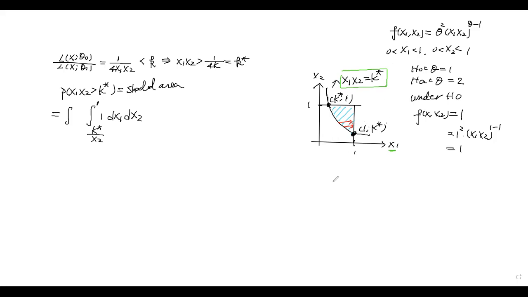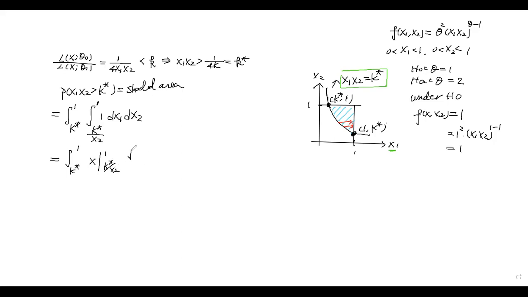Now, after I finish with x1, I'm going to integrate over x2, which starts from k star and goes up to 1. Now this just becomes a simple calculus problem. So the integral of dx1 is x1, evaluated from k star over x2 to 1.